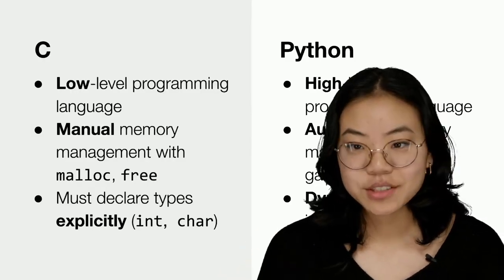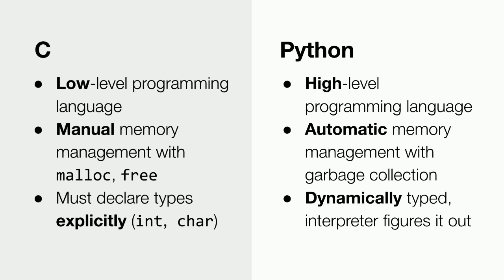So just some initial differences between the two languages. C is what we call a low-level programming language, while Python is a high-level programming language. And what this really means is just that Python has abstracted away some of the things that C has implemented, as Python is really just built on top of C. And so some of these things, like manual memory management, like you were doing with pset4, with mallocing and freeing memory, that is not dealt with in Python.